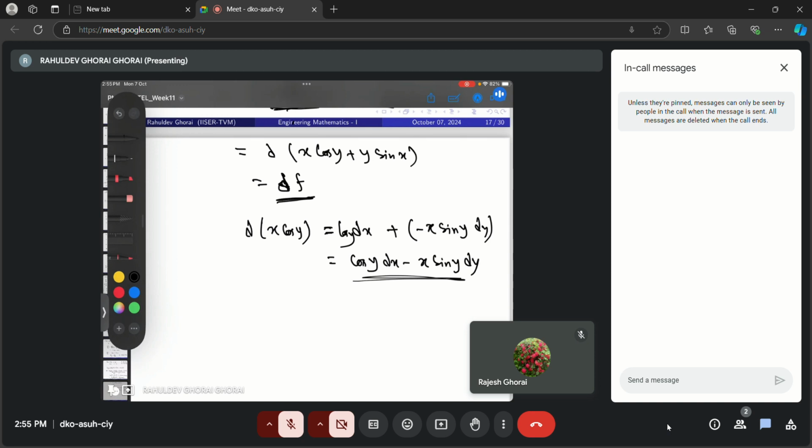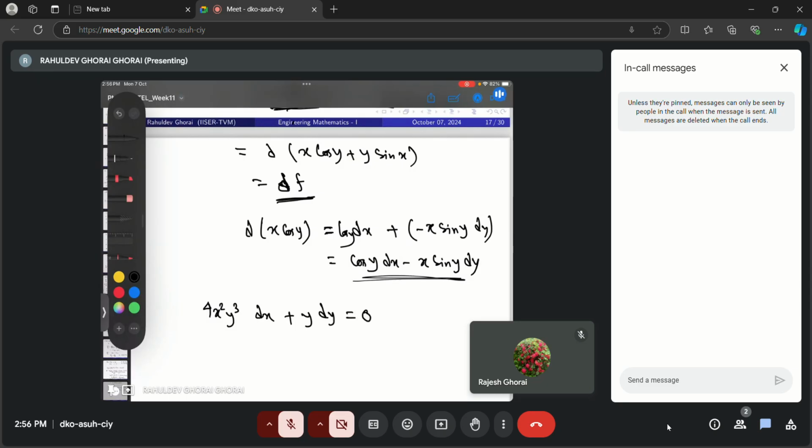So let's say you have a differential equation like this: 4x square y cube dx plus y times dy is equal to 0.